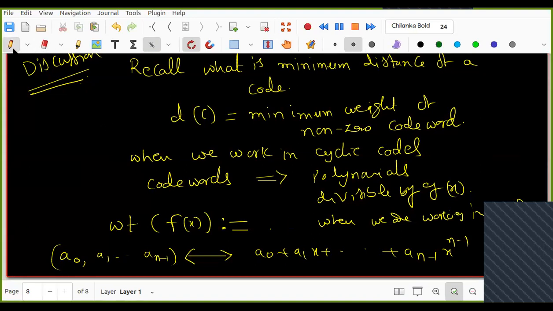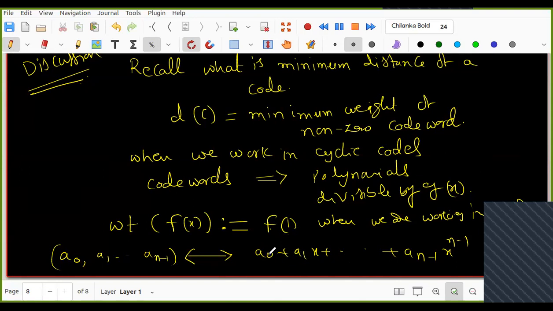What is f of 1 actually? If I take a polynomial and substitute 1, what am I going to get? Suresh? Sum of the coefficients. If it is binary, what is f of 1? I'm working in binary, right? That means the a_i's are 0 or 1.